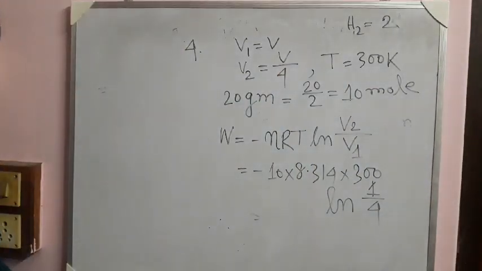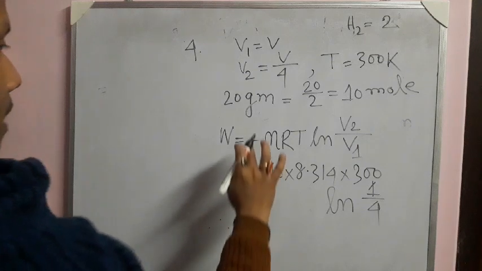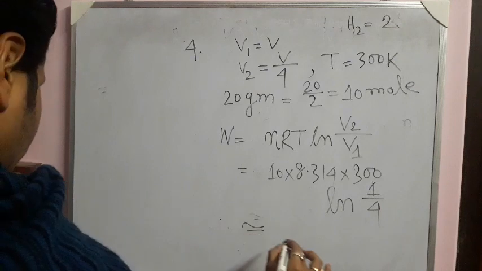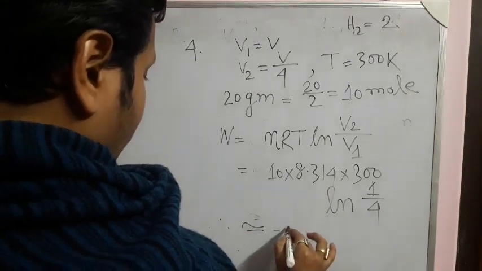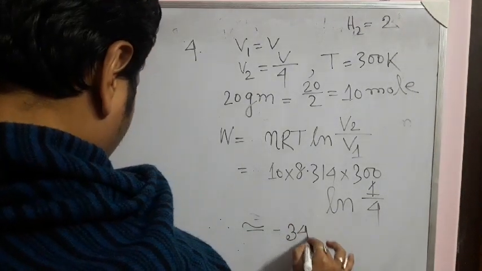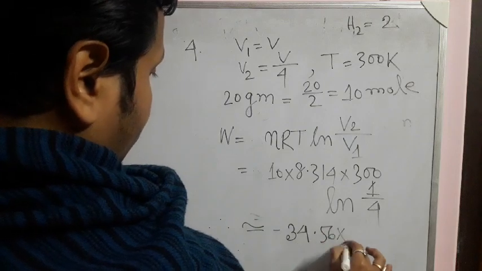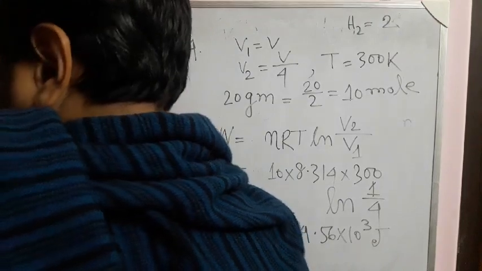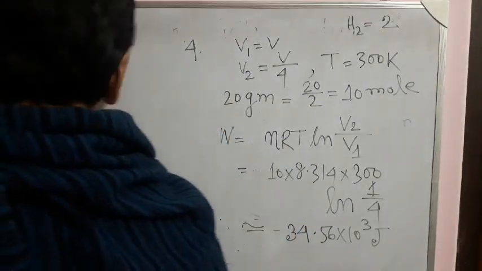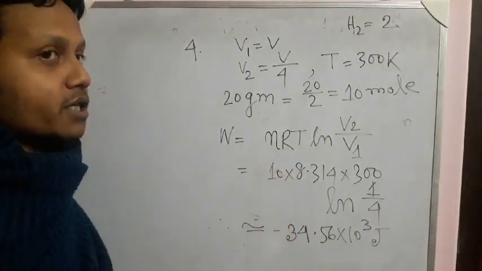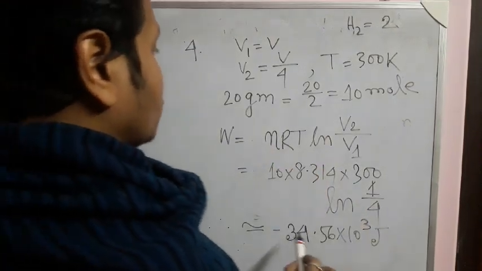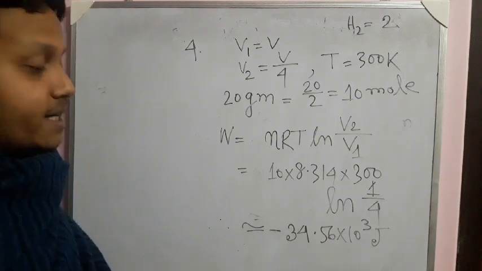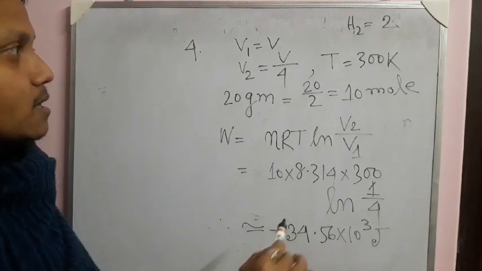Okay, so if you calculate it, the result becomes minus 334.56 into 10 cube joule. There you see that the minus sign comes, and this minus sign is nothing but due to the compression. Since the gas is compressed, a minus sign we get in the result. So it clearly indicates the compression.